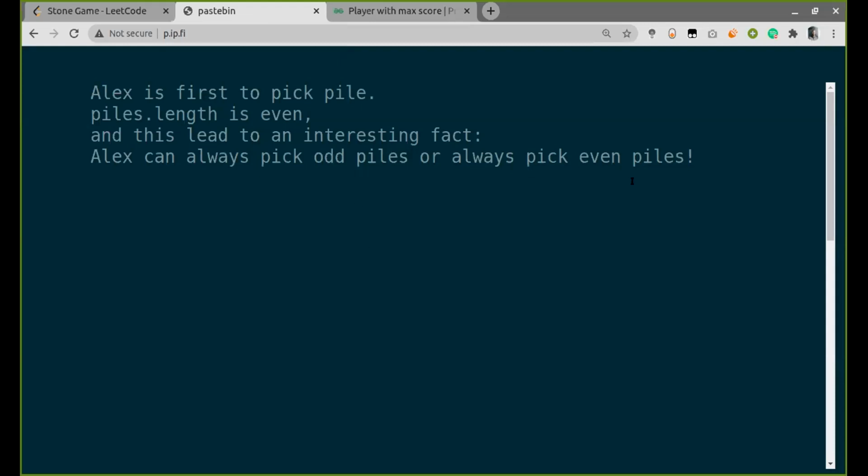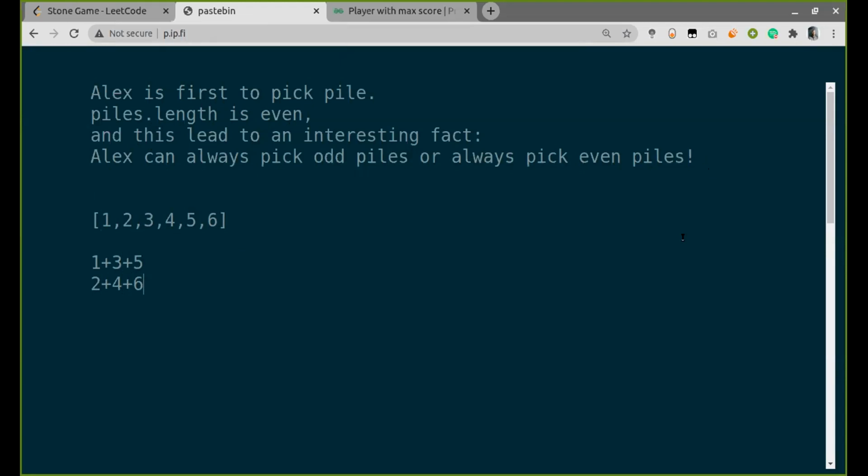So this is the main part. Since Alex is first to pick a pile and the length of the piles is even, Alex can pick odd piles or always pick even piles. So imagine this, I have taken all the indices here. It might happen that Alex only chooses 1 plus 3 plus 5, or Alex only chooses 2 plus 4 plus 6.